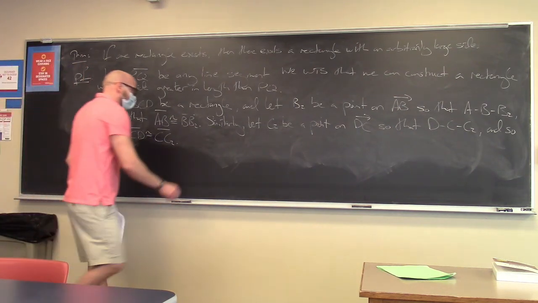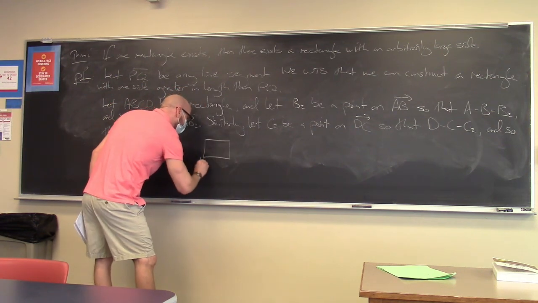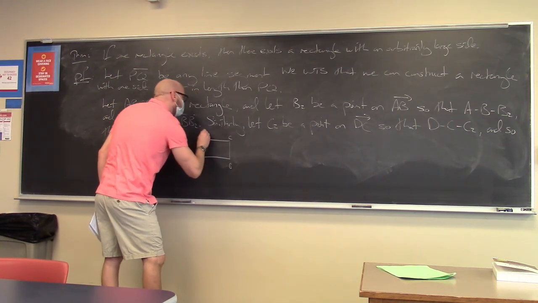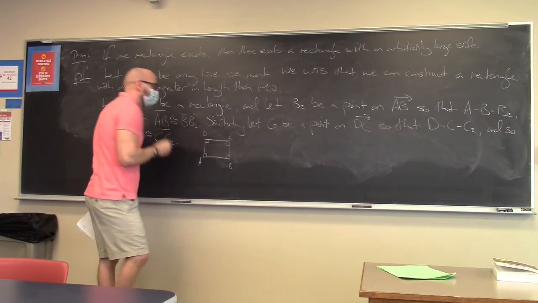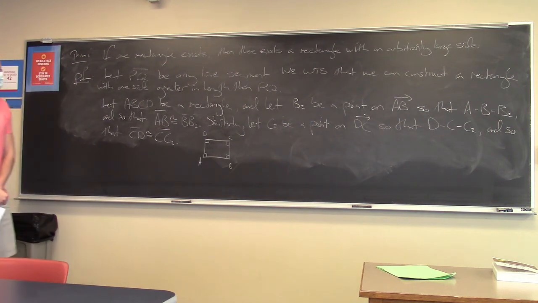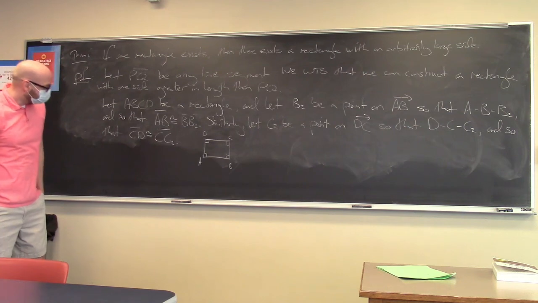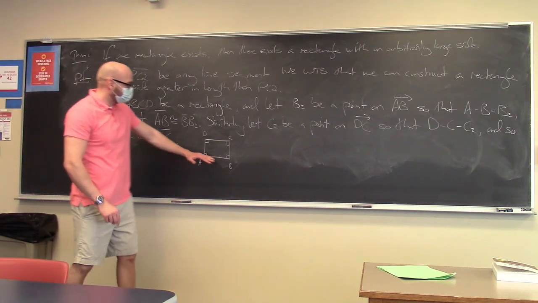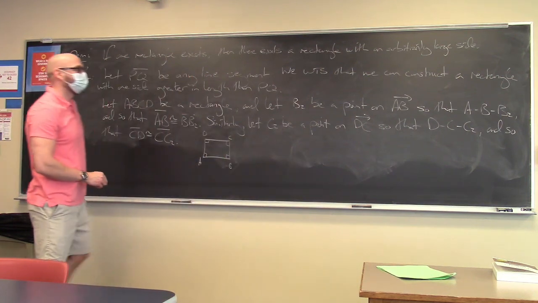All right, so what am I doing here? I'm saying, let's start off with a rectangle. We've got A, B, C, D. It's a rectangle, so all of these are right angles. And we've said, let's take this line segment AB and extend it.